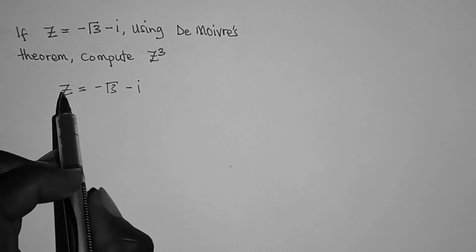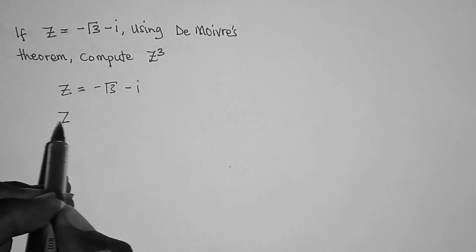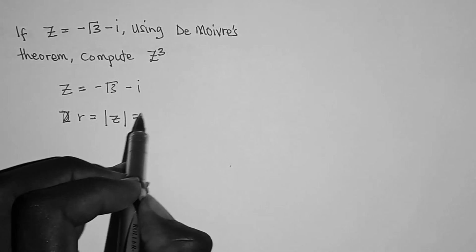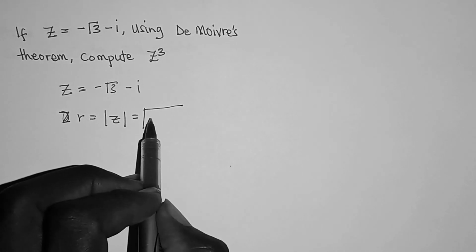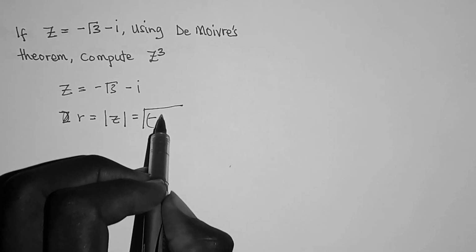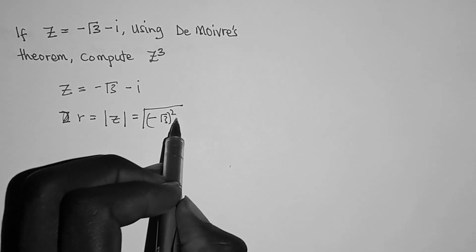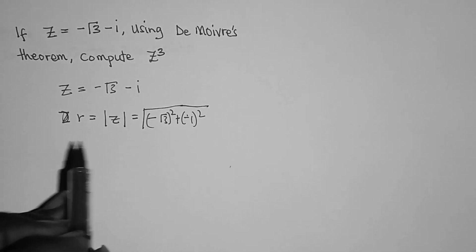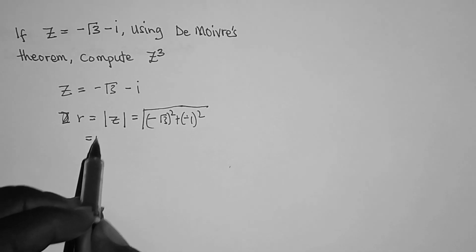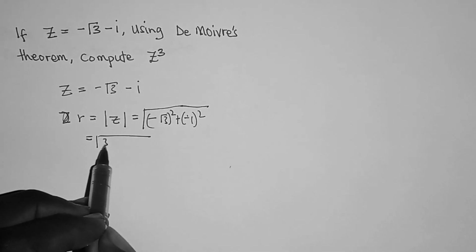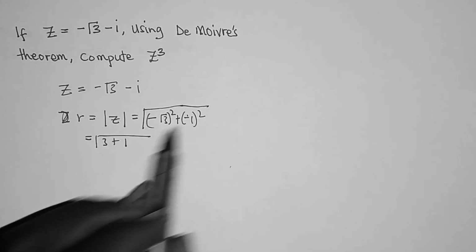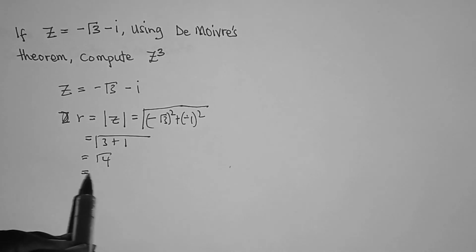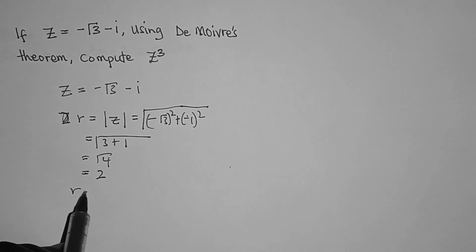What we need to do is to first find r, which is equal to the magnitude of z, and this is equal to square root of minus root 3 squared plus minus 1 squared. Minus root 3 squared is 3, plus minus 1 squared is 1. This is equal to root 4, and root 4 is equal to 2. And therefore, r is equal to 2.